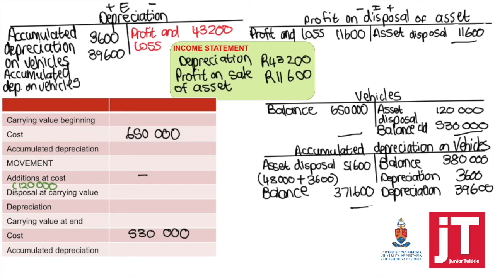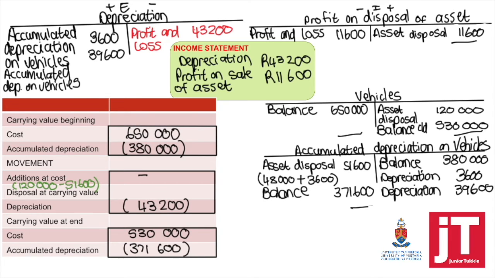Please take note, I've written it in brackets on top of disposal at carrying value. Accumulated depreciation, balance in the beginning, minus the total accumulated depreciation on the asset which I disposed of, which is 51,600, plus the depreciation, the total 43,200 equals the accumulated at the end.